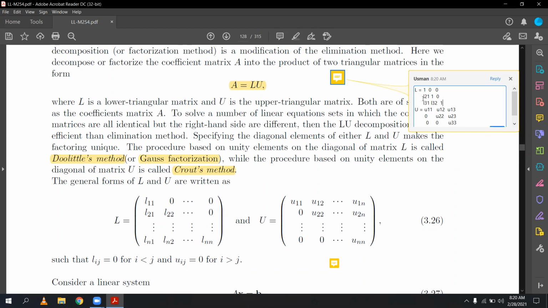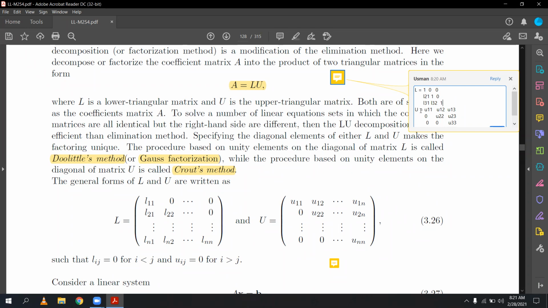For L, we have 3 unknowns, and for U, we have 6 unknowns. So 3 plus 6 becomes 9, and we know 9 elements from here. Because unknown 9, known 9, we can easily find the unique solution, the elements of L and U.